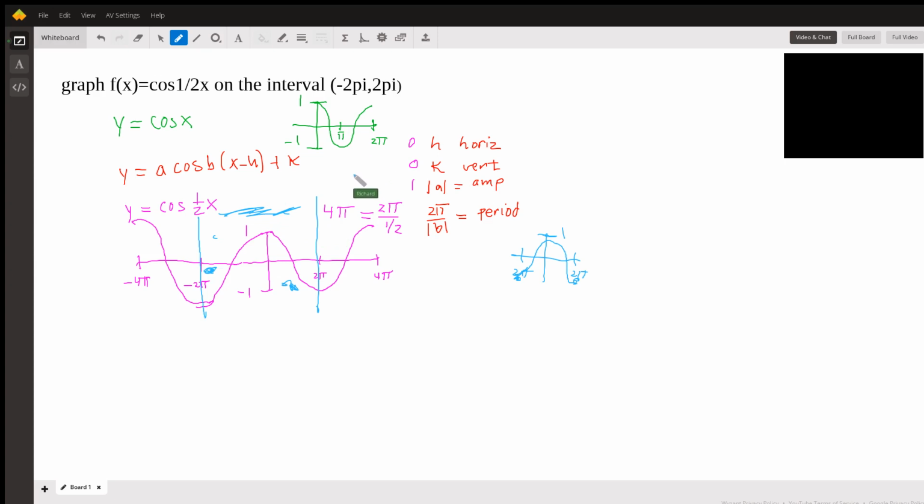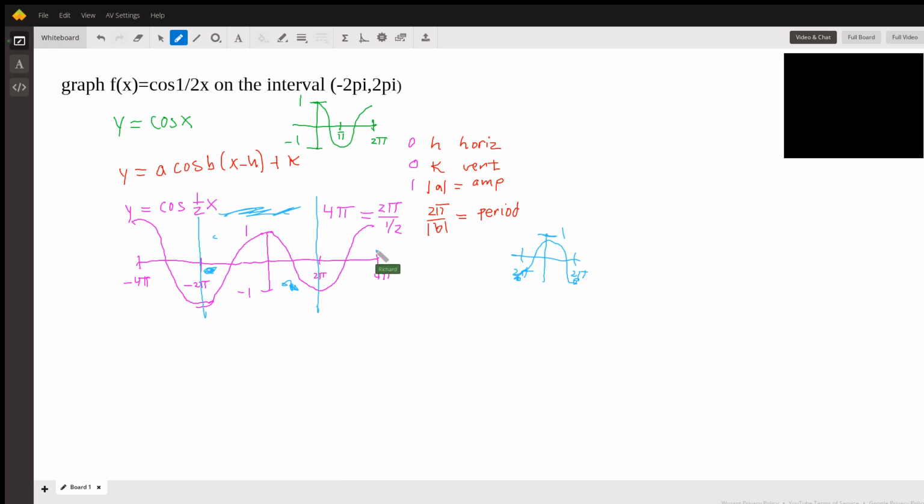And you can see that this particular question isn't that hard, because the only change that's being made from the parent function here is a change in period. There's no horizontal shift, there's no vertical shift, there's no change in the amplitude. It's just the period that's being changed. And basically, it's just being stretched. You can think of it as a stretch horizontally.